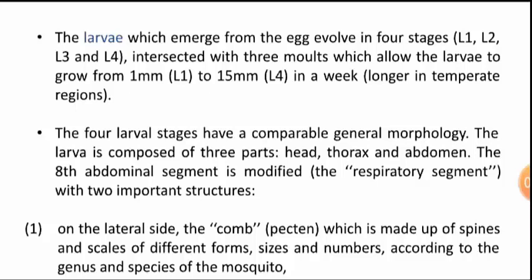The larva is composed of 3 parts, head, thorax, and abdomen. The 8th abdominal segment is modified, which is called the respiratory segment, with 2 important structures. First one, on the lateral side, is the comb, which is made up of spines and scales of different forms, sizes, and numbers, according to the genus and the species of the mosquito.